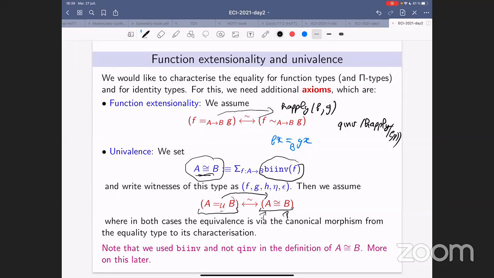Suppose that they are isomorphic and that A has additional structure, then you can transfer this additional structure to B thanks to univalence, because you go to the level of propositional equality, and this helps you to transfer the structure. So we will see this later in practice, but this is the idea.